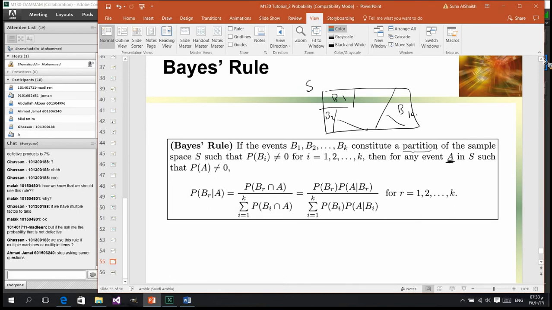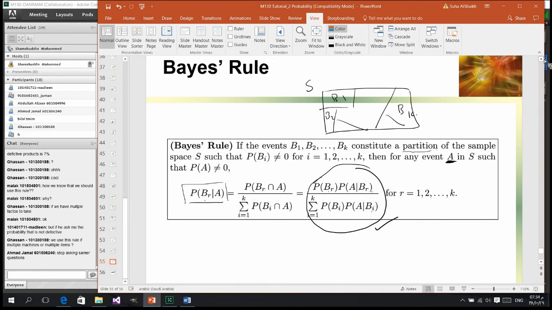Then for any event A, now the probability of Br, can you notice the difference? Under condition A, like machine 1 under condition defective, is equal to the probability of Br times the probability of A under the condition Br, divided by the sum of the probability of Bi times A under condition of Bi.